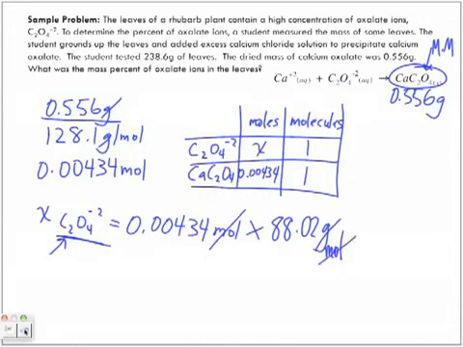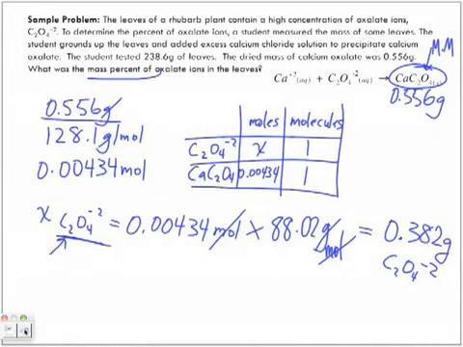Moles cancel out, and I'm given the moles as 0.556, which gives 0.382 grams. So we've got 0.382 grams of the oxalate ion.